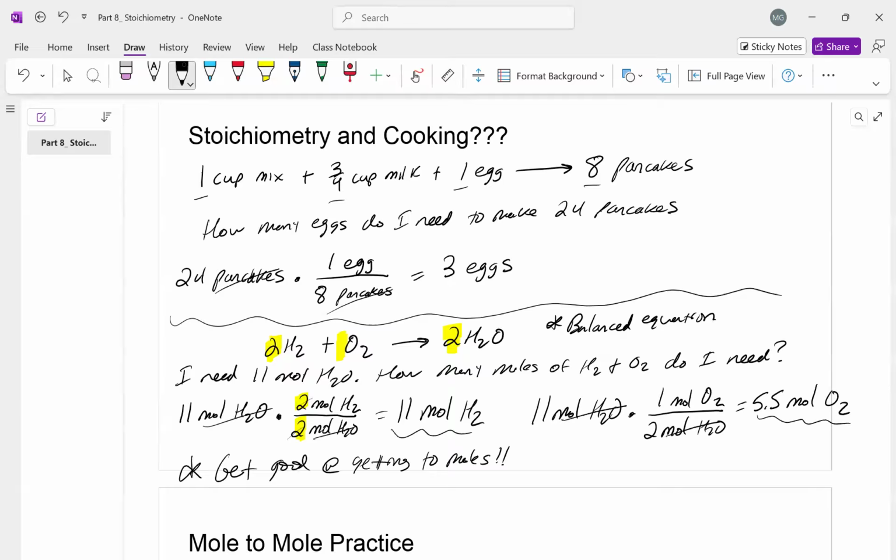At bare minimum, you need to be able to go from grams to moles using the molar mass. We're going to take it deeper though, and look at concentration. So using molarity within stoichiometry, we'll look at mass percent, we'll look at density, and how all of those things can help us get to moles.